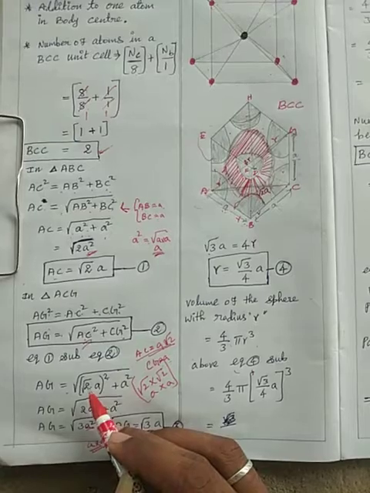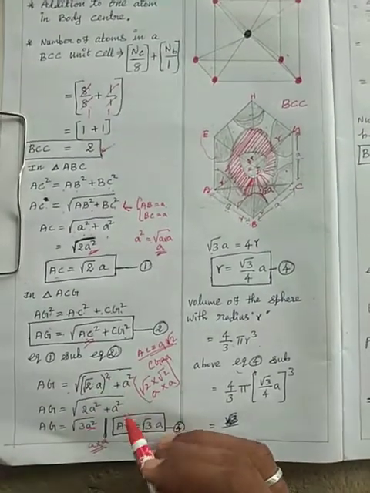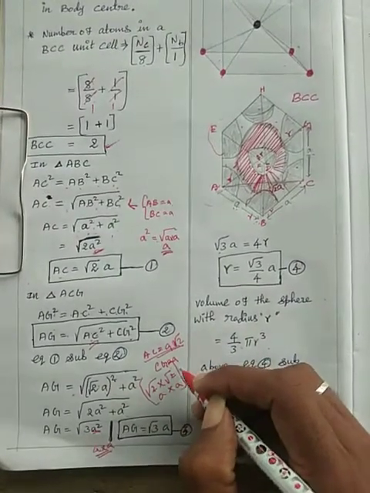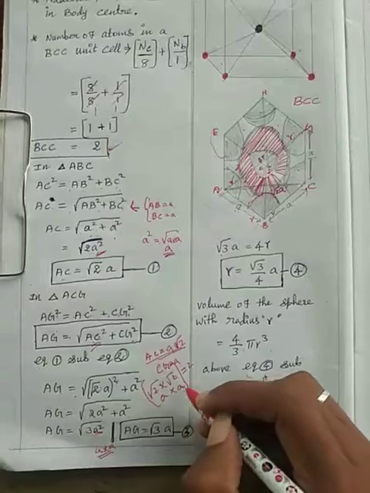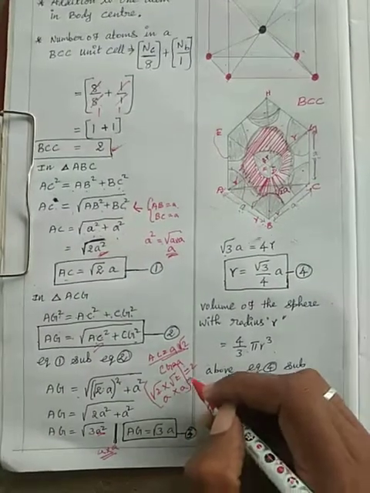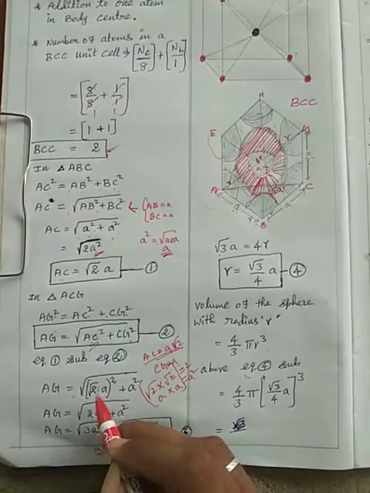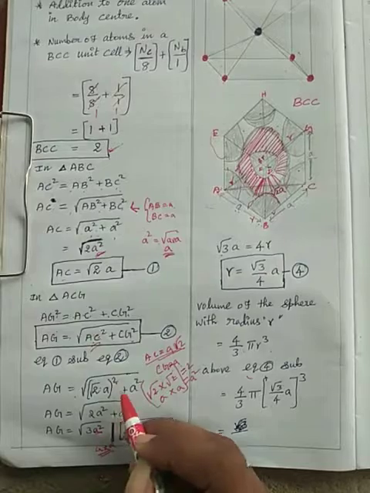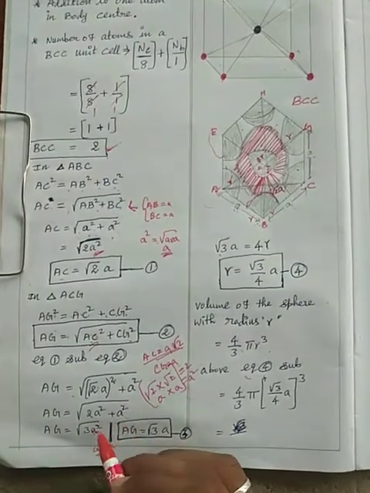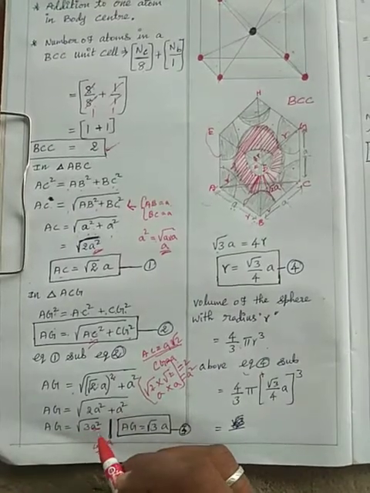Root 2 squared is canceled: root 2 into root 2 equals 2, so 2a squared plus a squared. So 3a squared, and AG equals root of 3a squared.